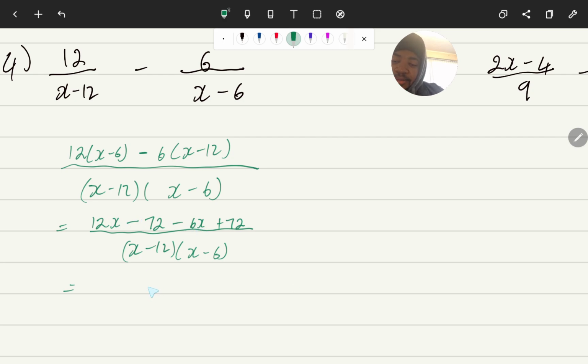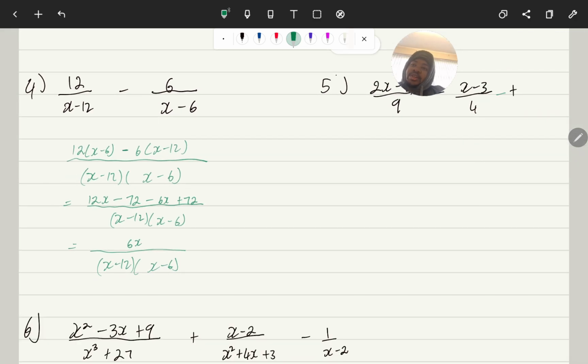So here we're going to have positive 6x, and then 72 and minus 72 together, 0. So we then have x minus 12, x minus 6, right? You can check with your other method, but this one is just short and doesn't use so much space.